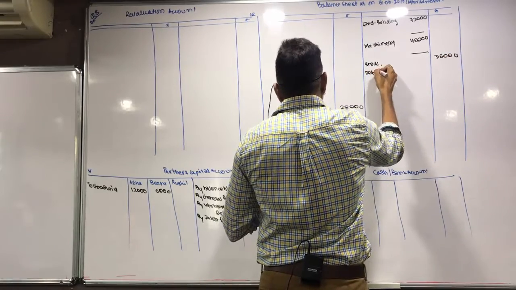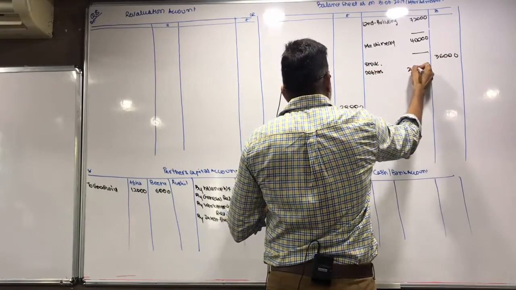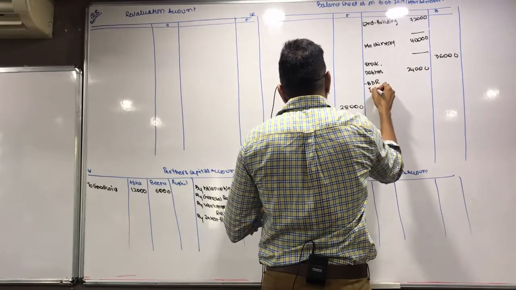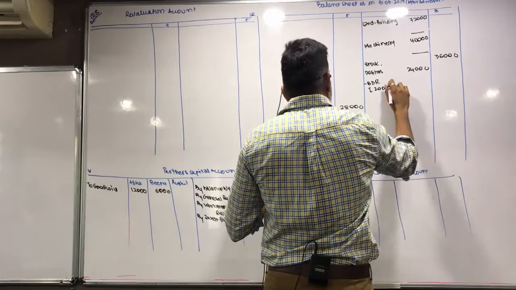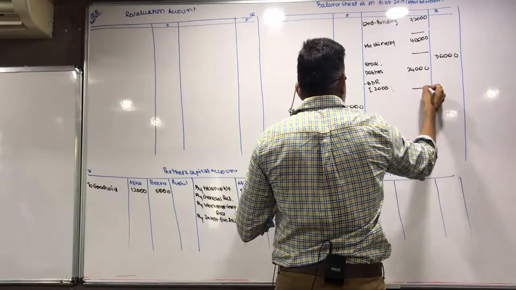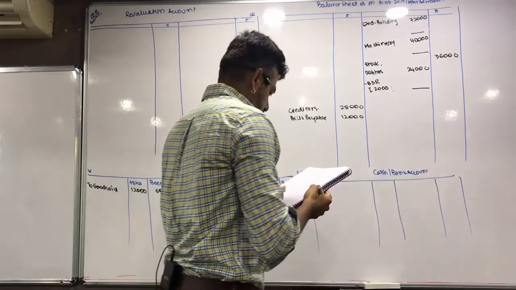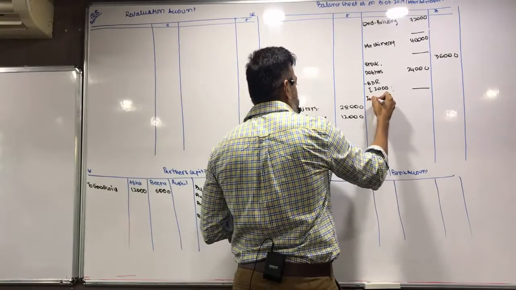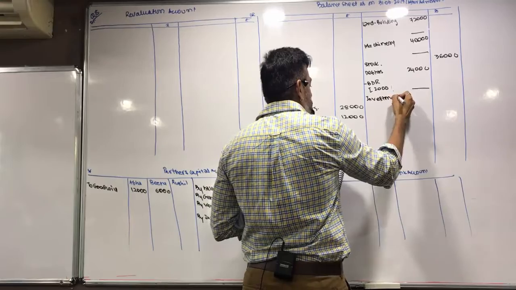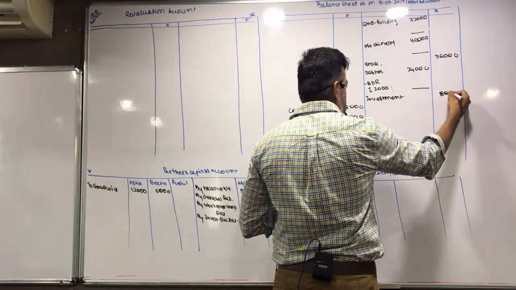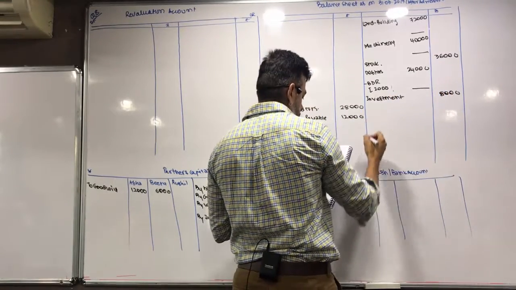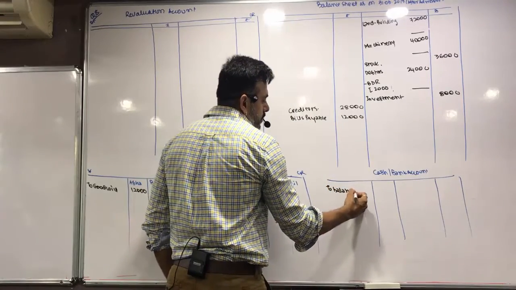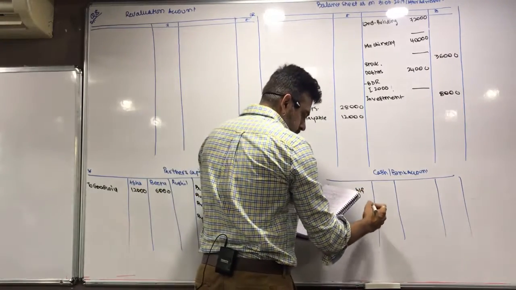Debtors 24,000, minus bad debt reserve, in bracket we write 2,000. Investment 8,000. Cash and bank, to balance brought forward, 2,000.